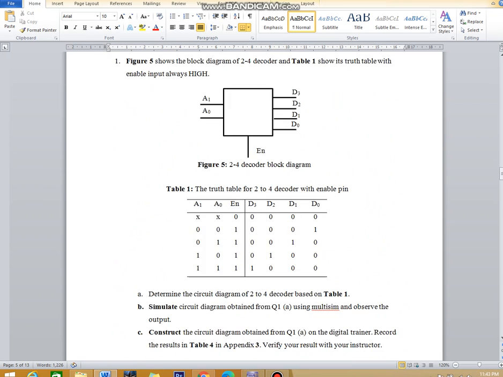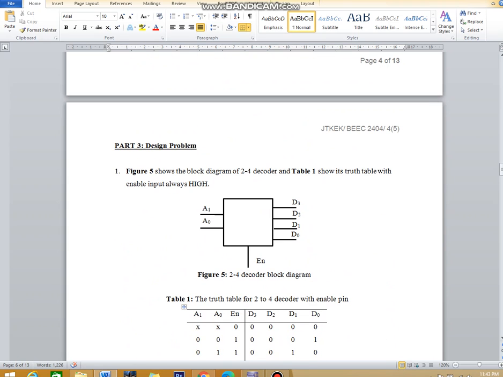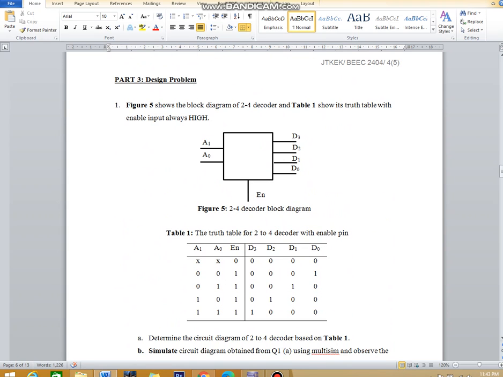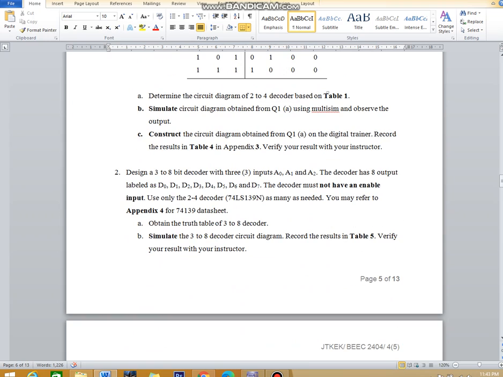In this part we have two parts. This one, 2 to 4 decoder block diagram, and 2 to 3 decoder here.